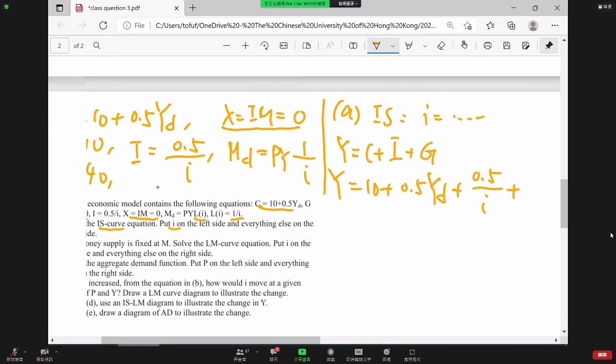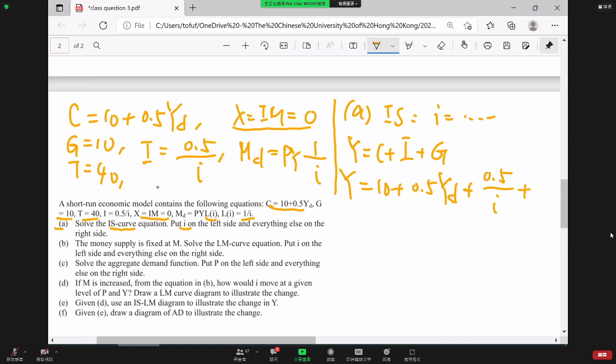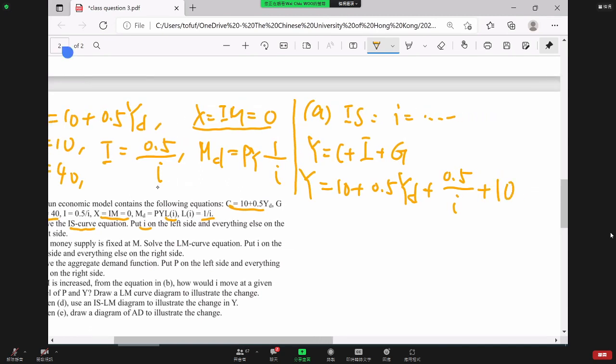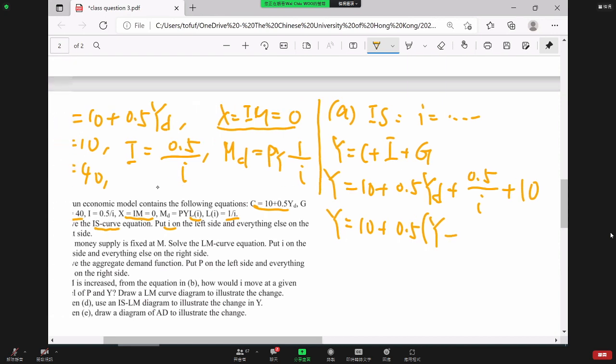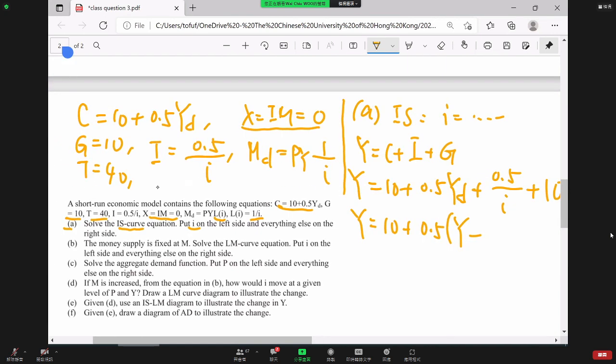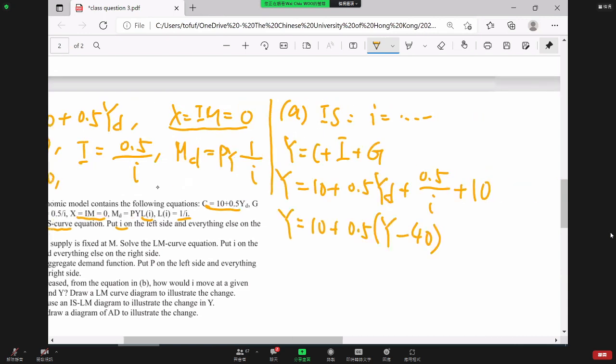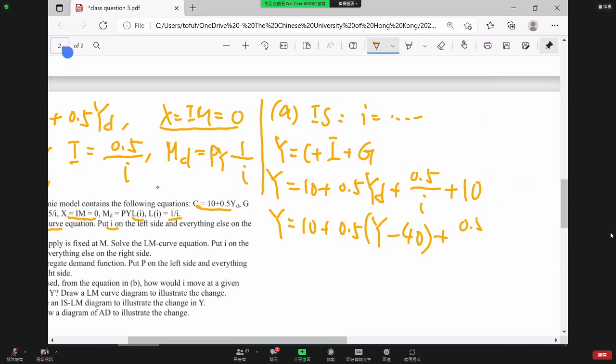Investment is 0.5 over I. Government expenditure is 10, so you can simply write down this. But of course, for the YD, you have Y minus T, which is the YD, right? But T is 40, so you can directly write down 40.